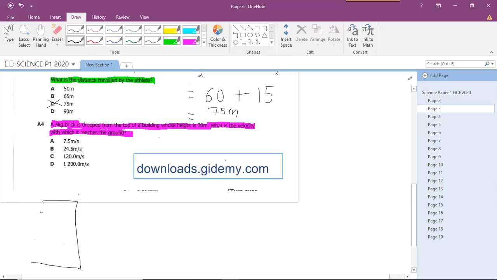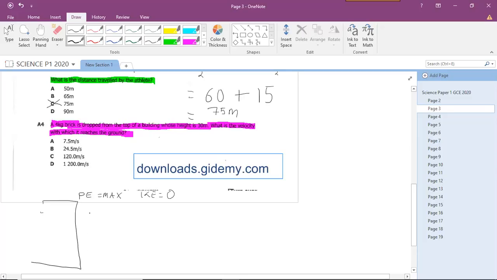At the very top of the building here, you are going to have maximum potential energy, and the kinetic energy is going to be zero. There will be no kinetic energy. Kinetic energy is the energy of motion. So at the very top of this building, you are going to have potential energy maximum, kinetic energy zero.